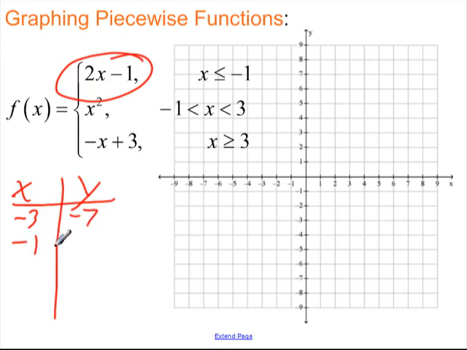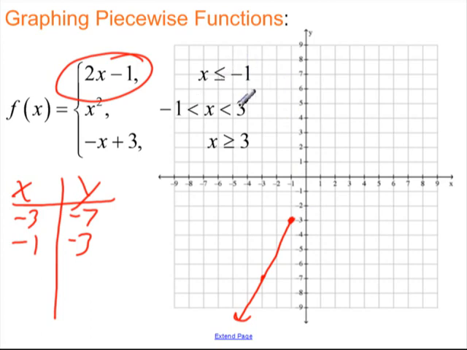Let me pick another one in that region, -1. 2 times -1 is -2, minus 1 is -3. So -3, -7, which would be down here, -1, -3, which is here. And that's a linear expression, so it's going in that direction forever. This point right here is included because it's x less than or equal to -1.